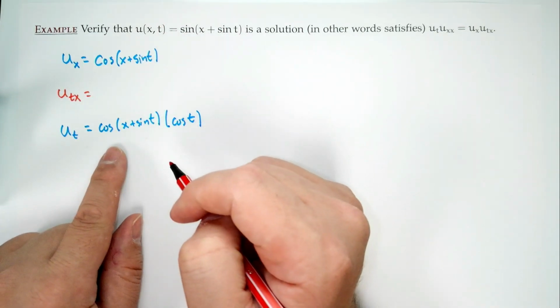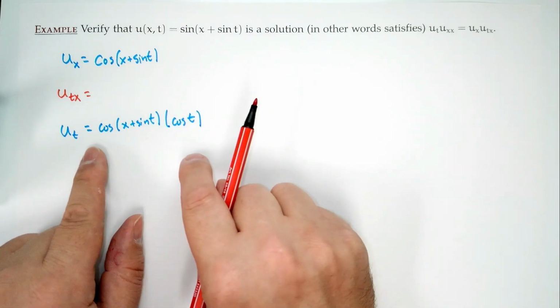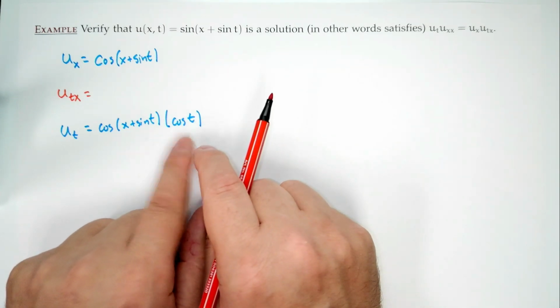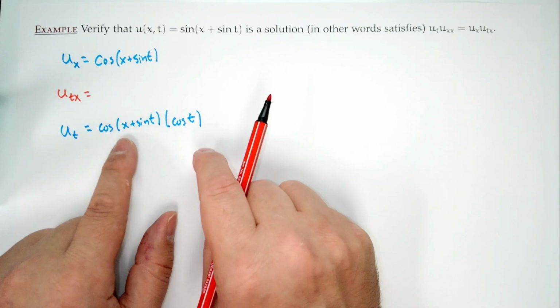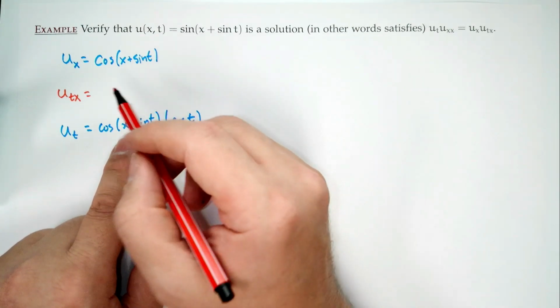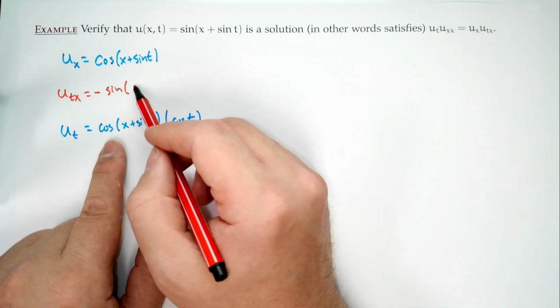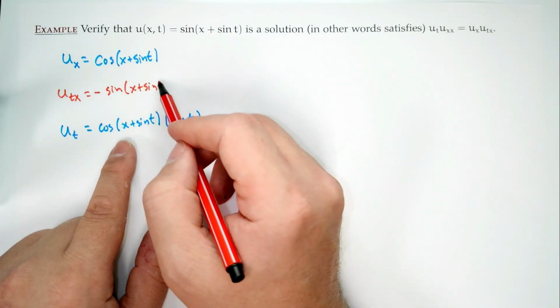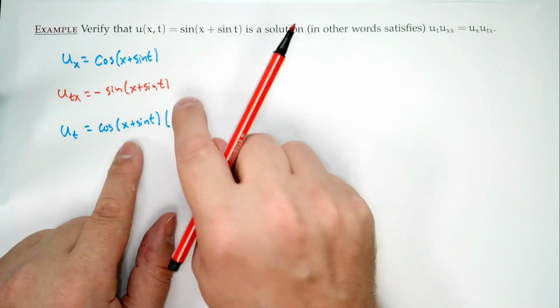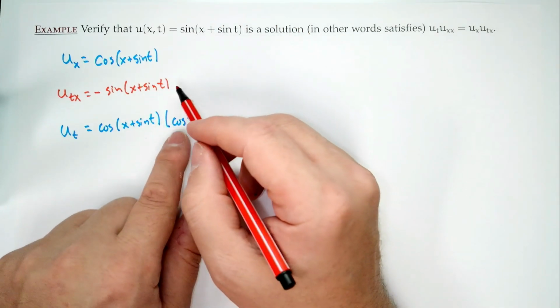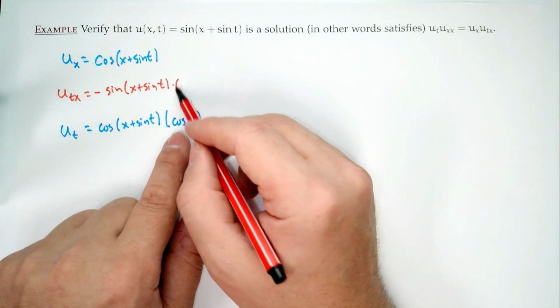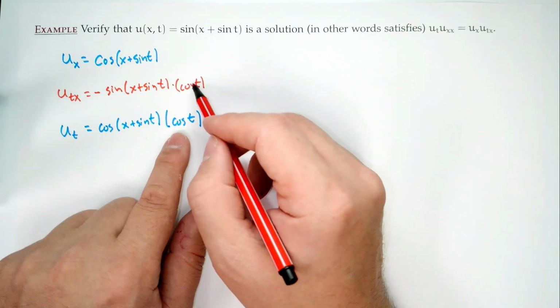But now, coming down here, the derivative of this with respect to x. Well, cosine t is a constant. So the only place where x shows up, one place. So, derivative of cosine, negative sine, x plus sine of t. The derivative of x plus sine t is 1, plus, of course, we have this cosine of t here on the end.